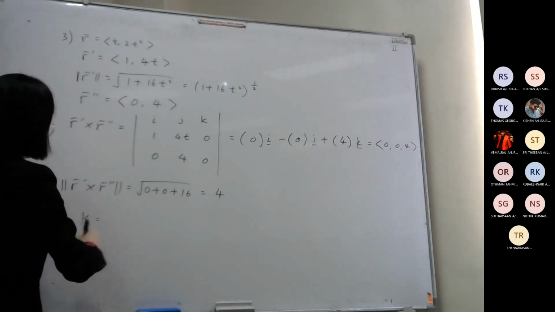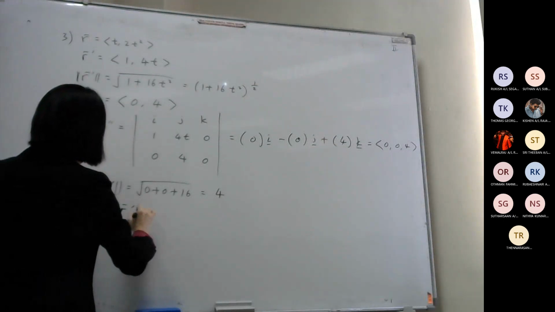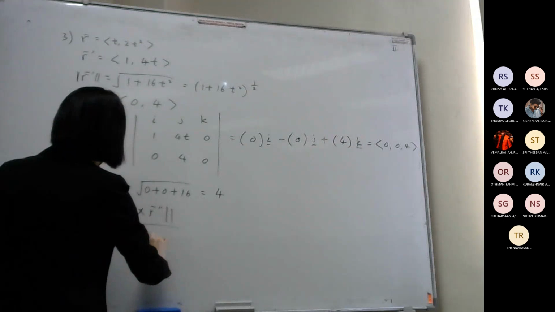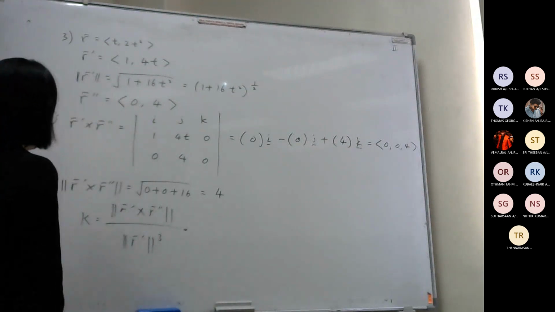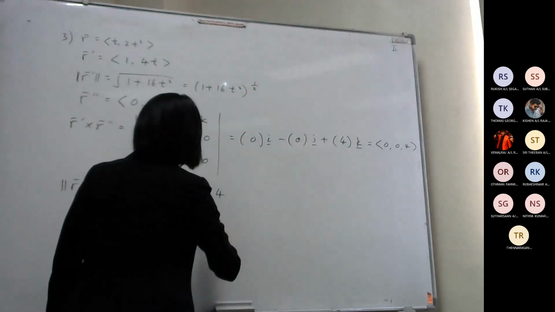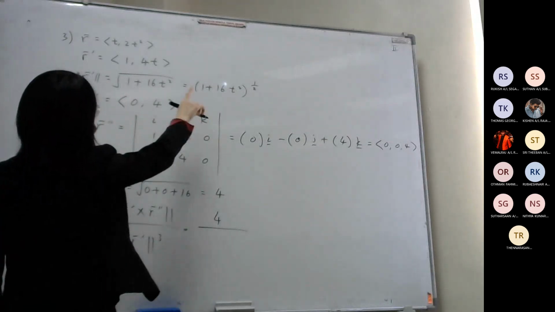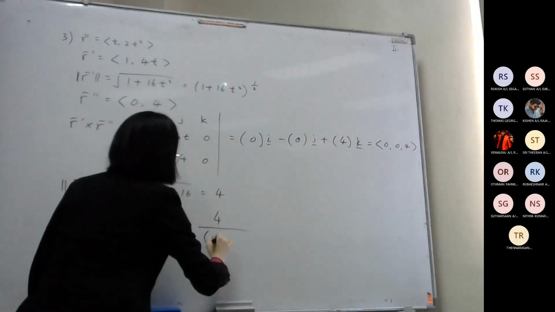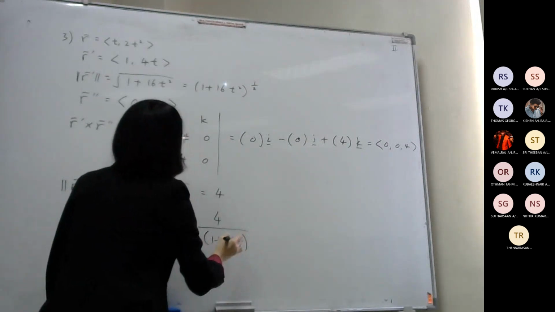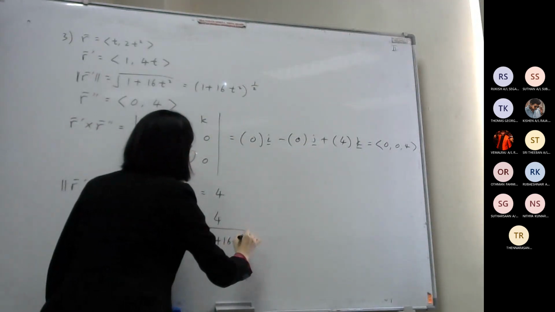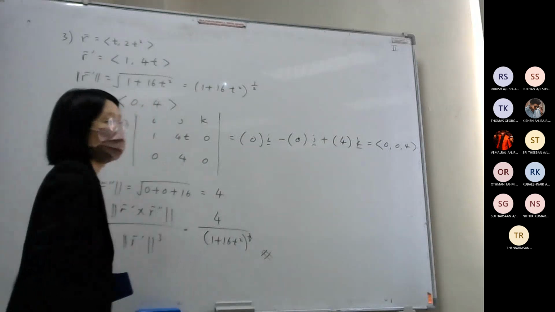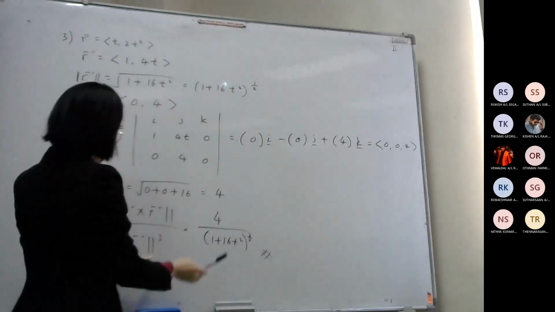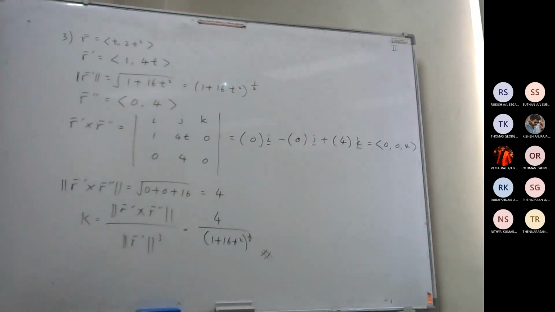The curvature is 4 over this one to the power of 3 over 2, because you need to give the power of 3 for this one.